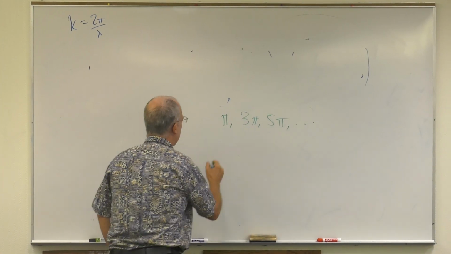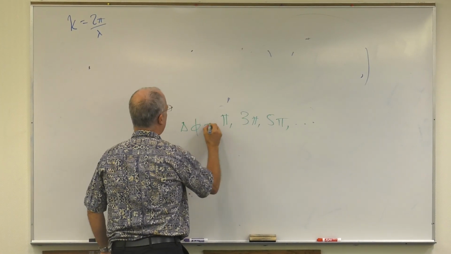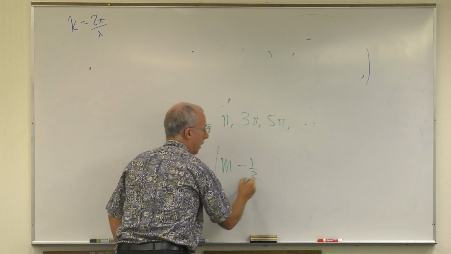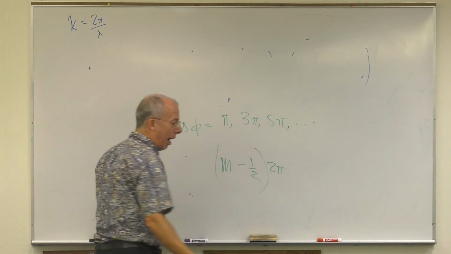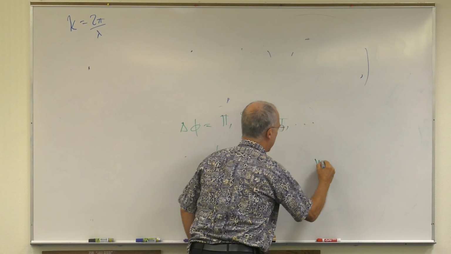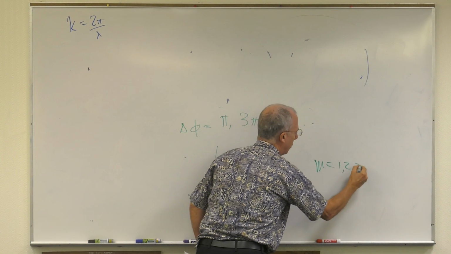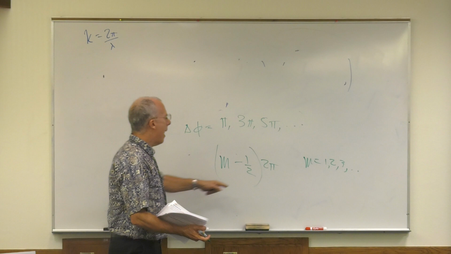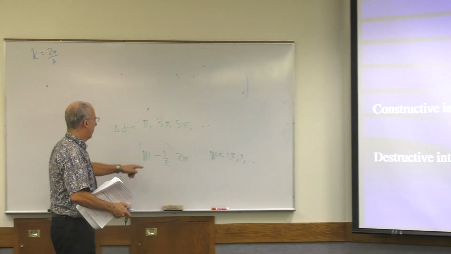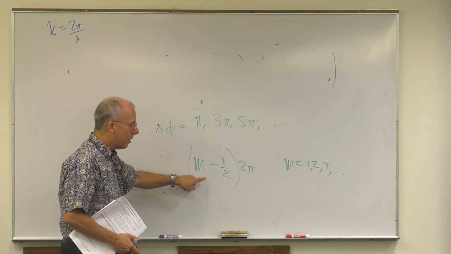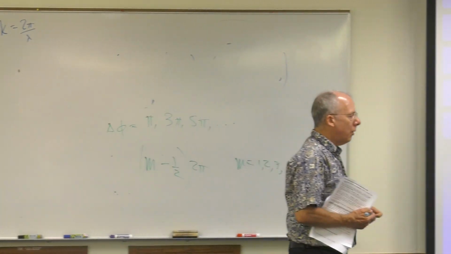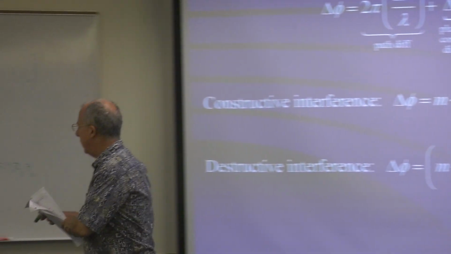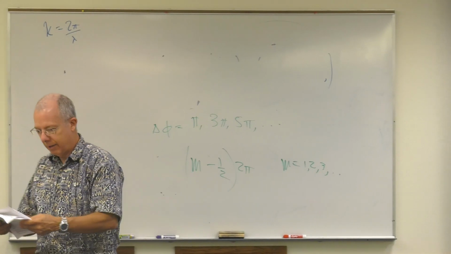So we could have said, this is delta phi, that's what we want, m minus a half times 2 pi, as long as we say that m is 1, 2, 3, on and on. It doesn't matter. As long as you specify your m's, you can say m plus a half or m minus a half. The only reason we use m plus a half is because we wanted to use the same m's, because we're lazy. Okay, let's stop.